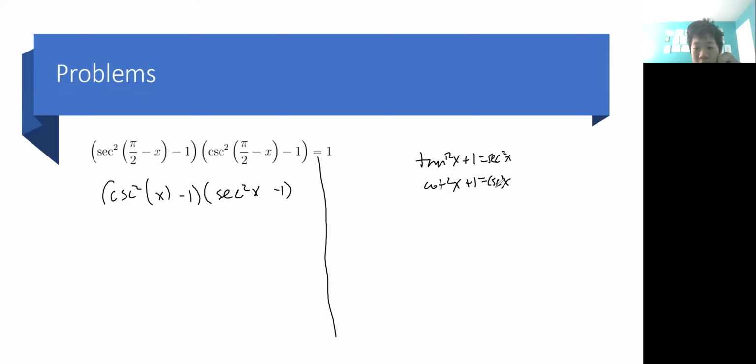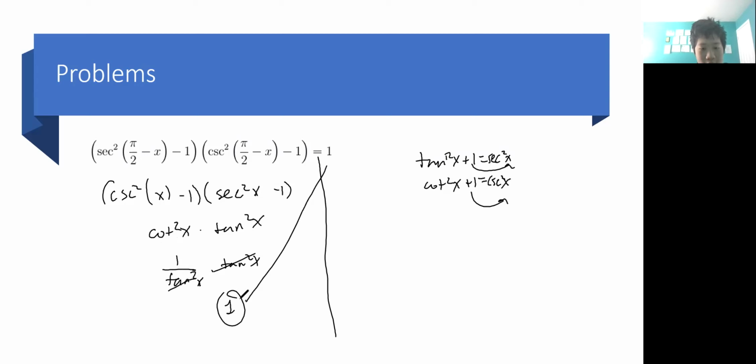Okay, so if you move this 1 onto both sides, it's obvious that this is tan squared and this is cotangent squared. So tan squared x times cotangent squared x. And by definition, cotangent is 1 over tangent. So this is the same thing as doing 1 over tangent squared times tangent squared. Obviously cancels out to just get 1, matched.